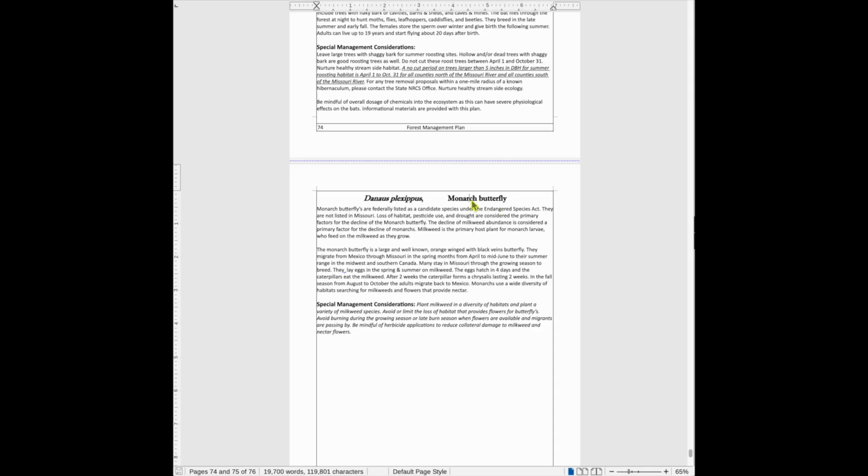For the monarch butterfly, one of the best things that we can do to help them is burn more often, get more native wildflower species growing, and then we can plant native wildflower species, especially milkweed.